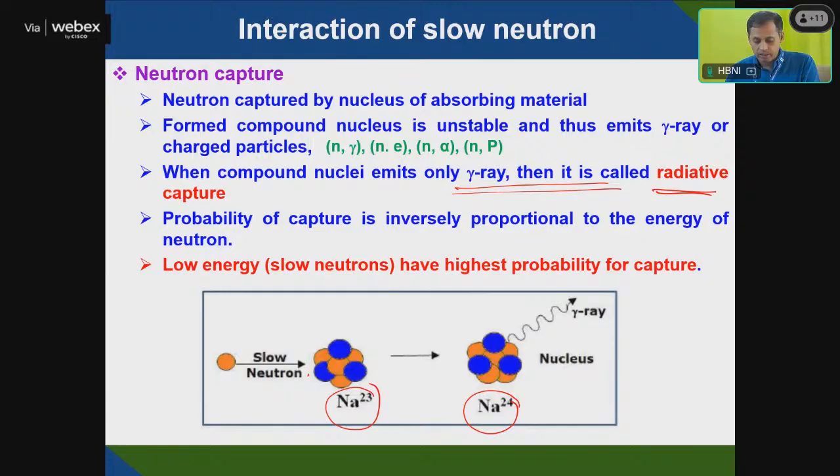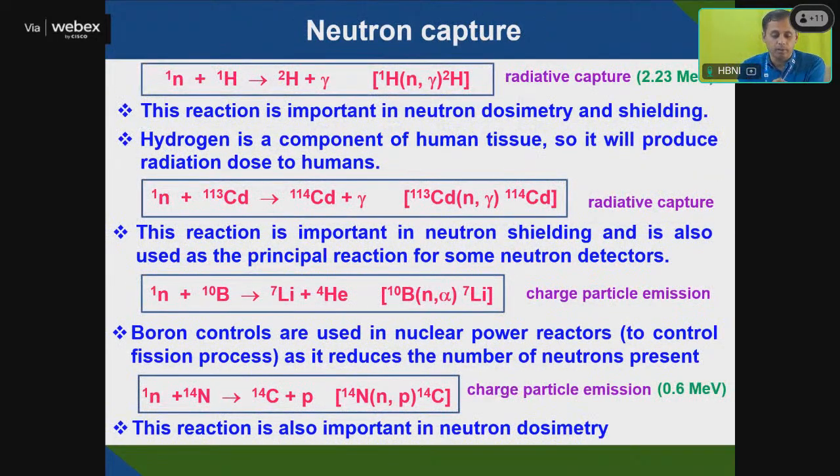Okay. So then, coming to neutron capture, I have just shown some examples here. I will not discuss them in detail. Even hydrogen can capture a neutron, giving deuterium, and a gamma can come out. Similarly, a neutron with cadmium gives cadmium-114 and a gamma ray by radiative capture. And you can emit some charged particles. A neutron with boron gives lithium and helium.